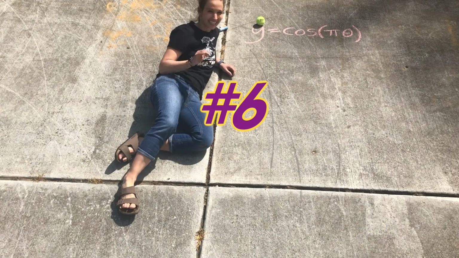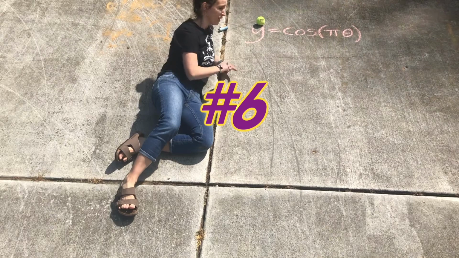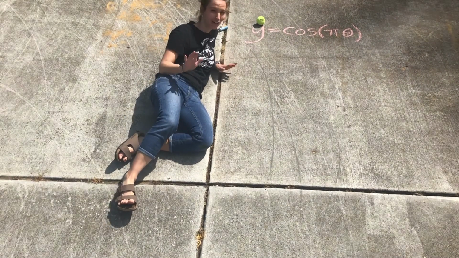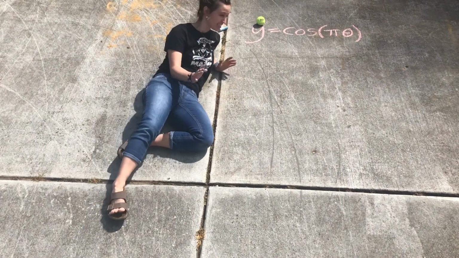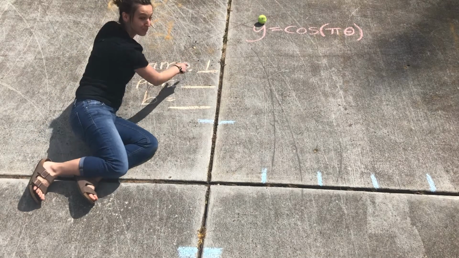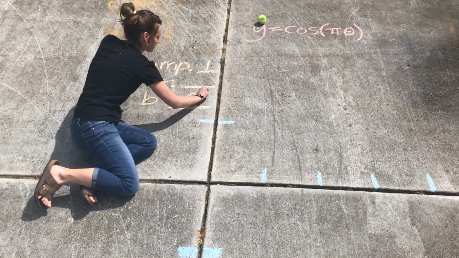Okay, last example. Y equals cosine of pi theta. We need the amplitude, we need the period, and then we have to get our axes ticked and a graph. So pause, see how far you can get. All right, so we know the amplitude's 1. We know B is the pi next to theta.